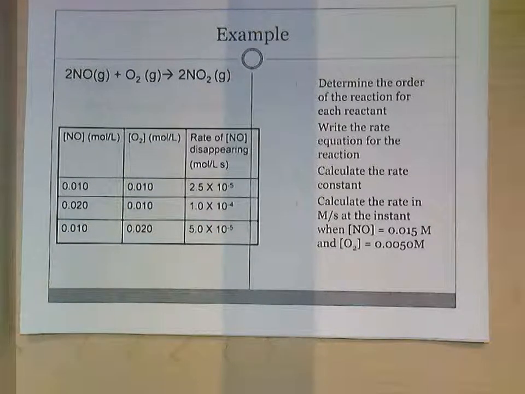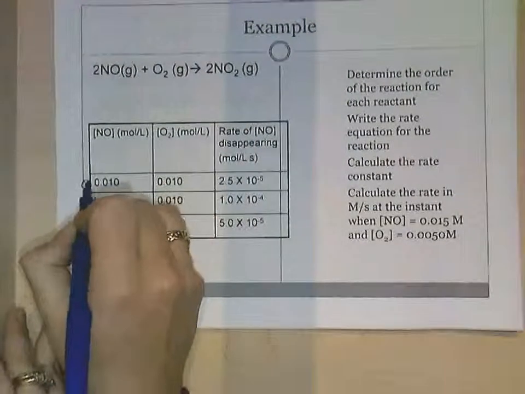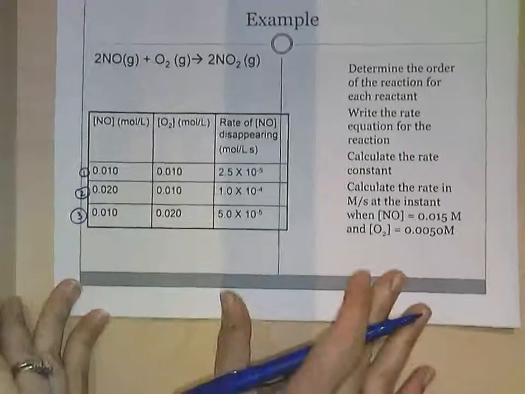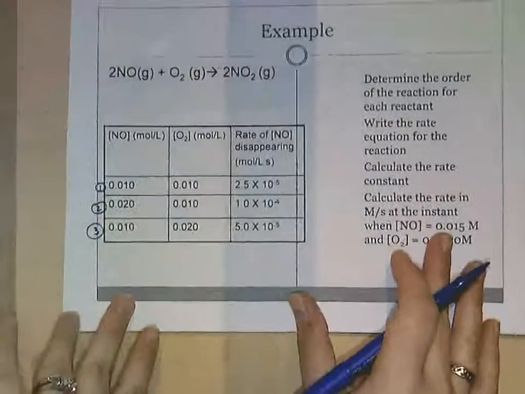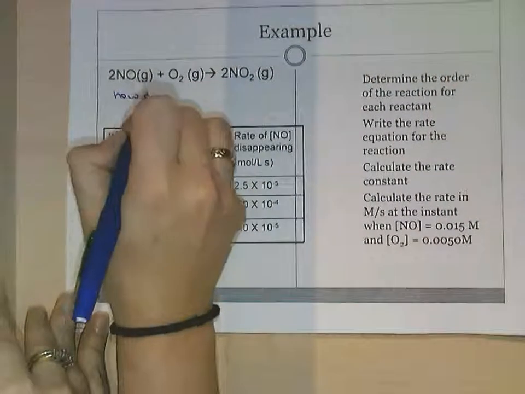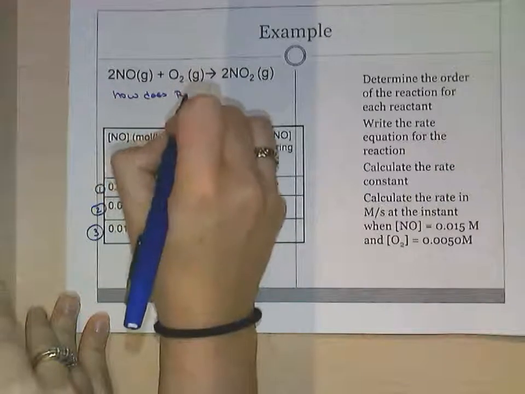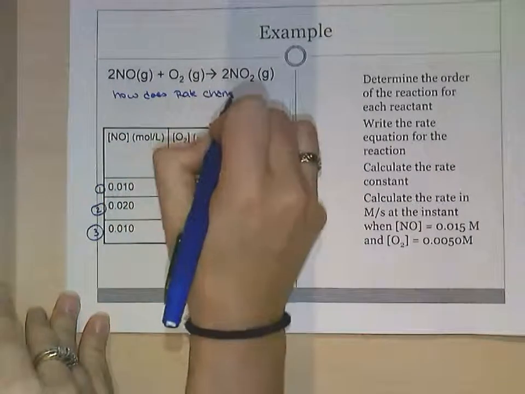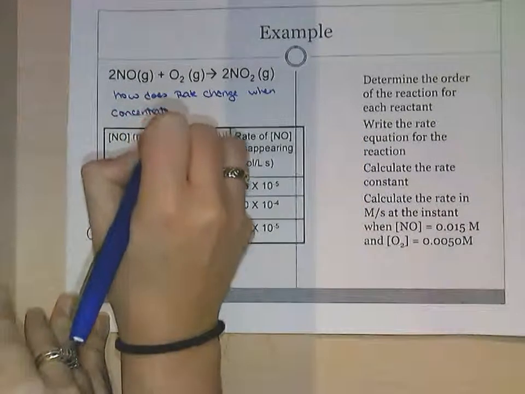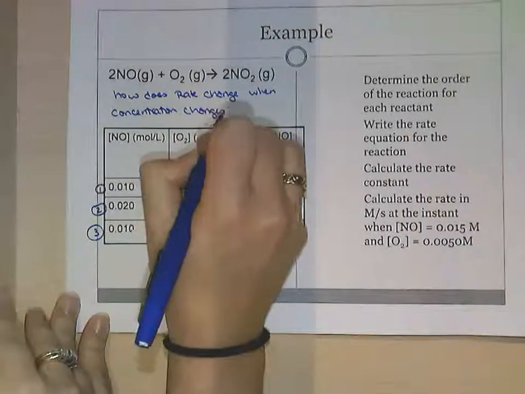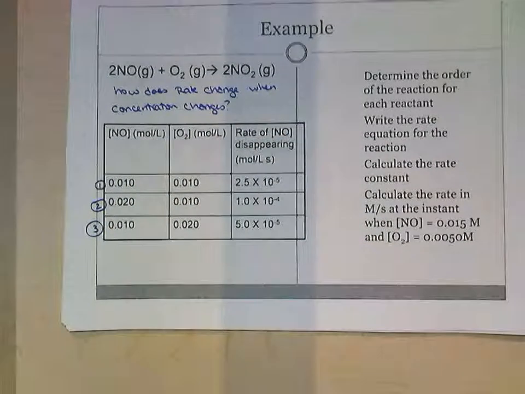And I went into the lab and I did 3 experiments. All right, here's experiment 1, 2, and 3. So the first thing I want to do is figure out how does the rate change when I change the concentration.